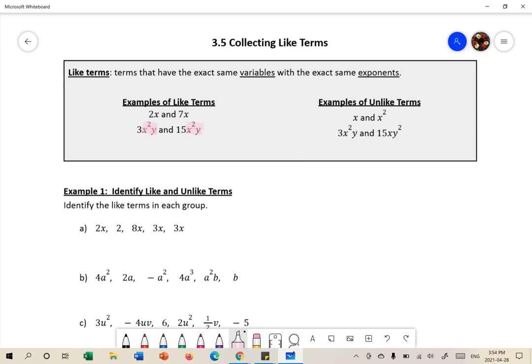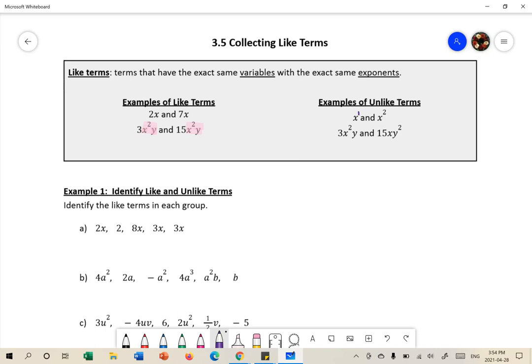What's not the same is x and x squared. Those are not like terms. Although they both contain base x, their exponents are different. Remember that this x has an invisible exponent 1. So the exponents need to match, and so do the variables.